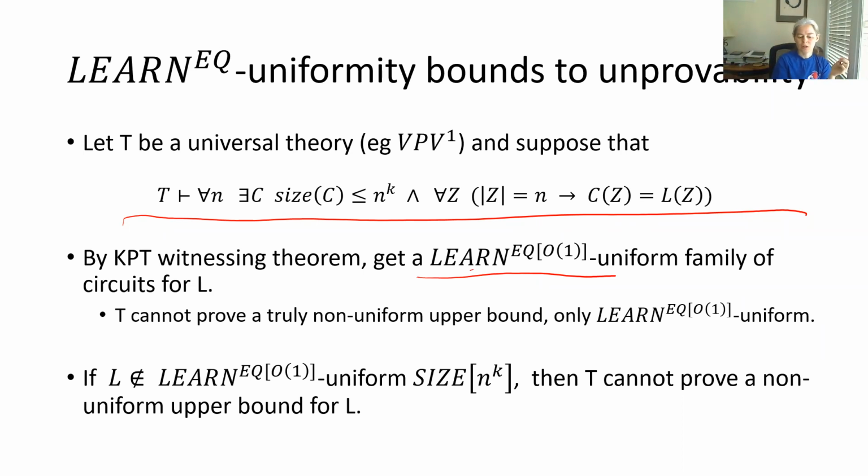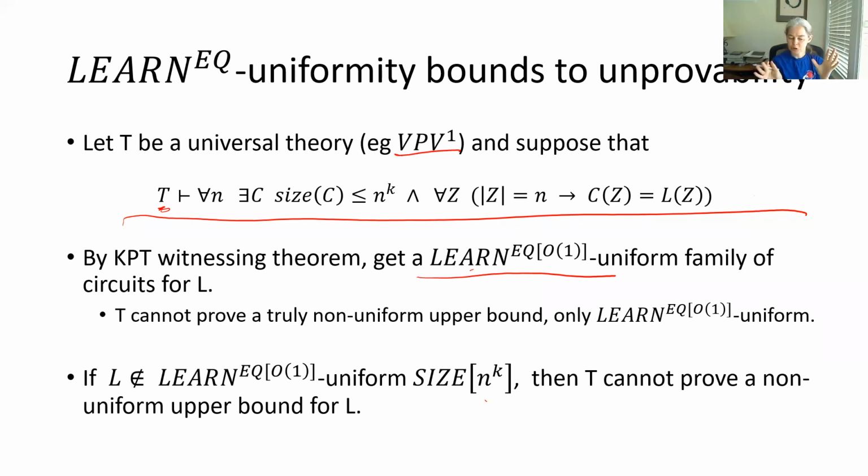Okay, so here, not quite polynomial time learning, unless it's PV, but whatever power you have in the theory T. And if we have a lower bound for this particular class, then we know that the theory cannot prove the upper bound.